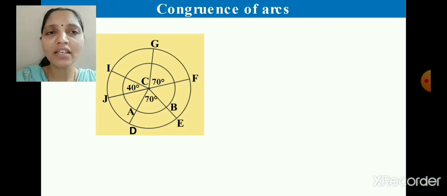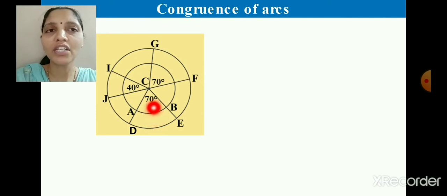So we can see here arc DE and arc GF have equal measures and they have equal radii also, because they are part of the bigger circle. But if you consider arc DE and arc AB, these two arcs also have the same measures, but the radii are different, so they cannot coincide with each other.